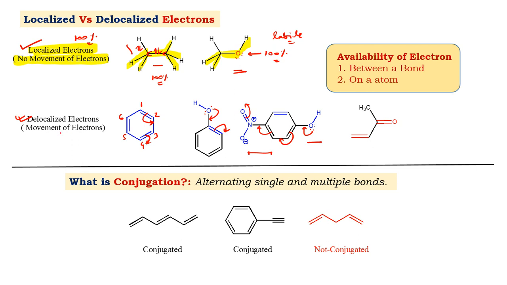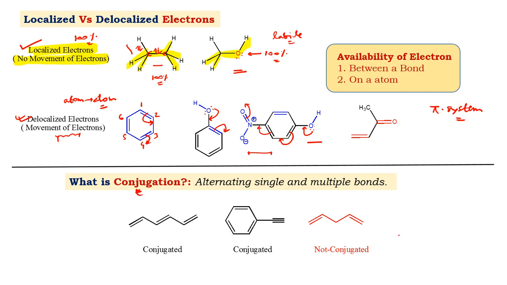So we can say the movement of electrons is available. Electrons are moving from one atom to another atom. If this is possible, and if this is passing through the pi system, this concept is called delocalization of electrons, and this is the fundamental, crucial part of resonance. One important thing that we need to understand is conjugation.